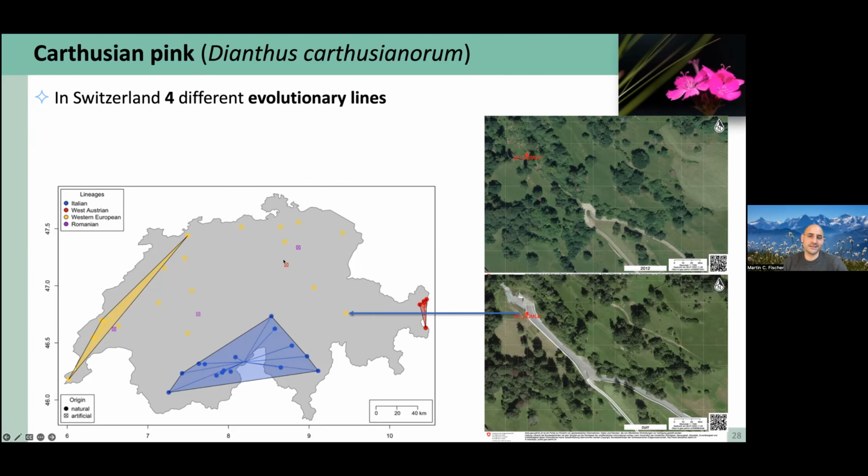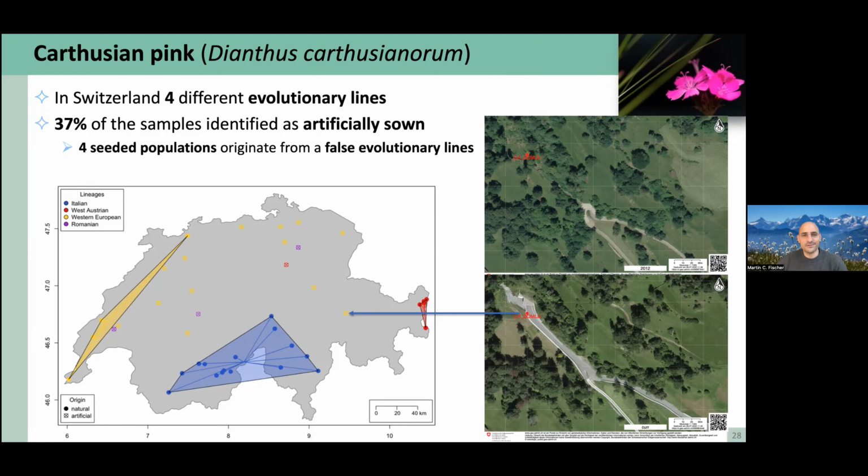And also from the genetic data, we could identify that these populations, all of those here, were artificially seeded. And this means that of all the samples we looked at, 37% were artificially seeded, which was much higher than we expected. We knew that Dianthus is strongly artificially seeded in Switzerland, but we did not expect such clear and detailed results.